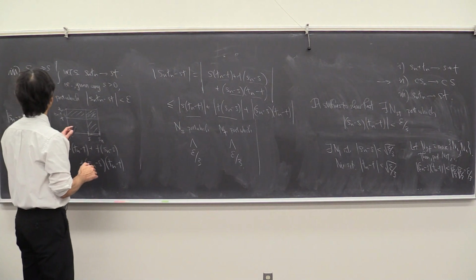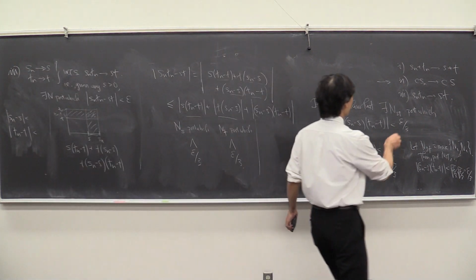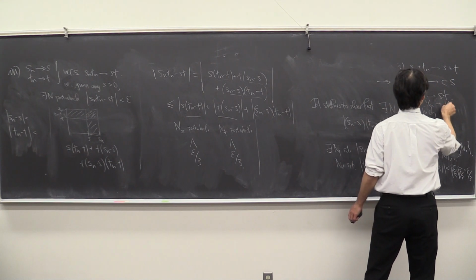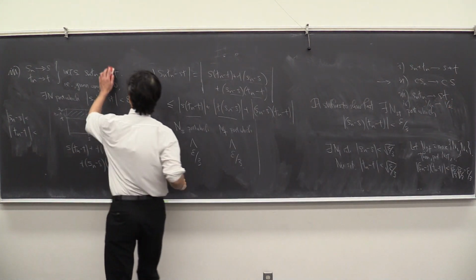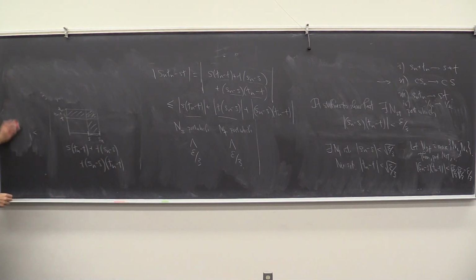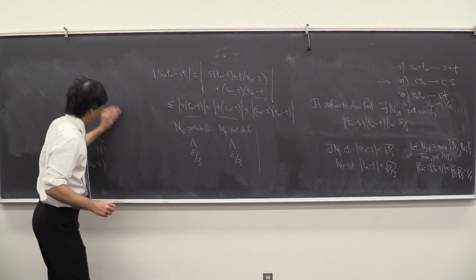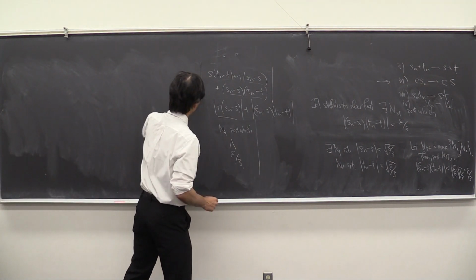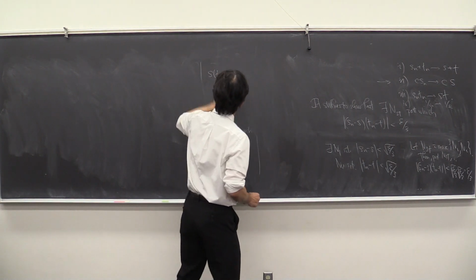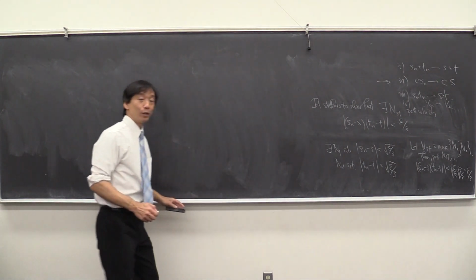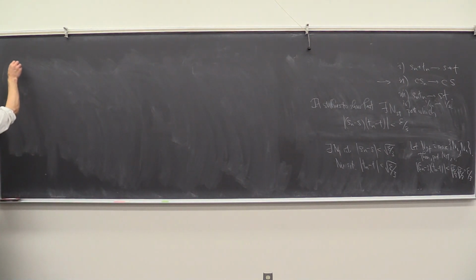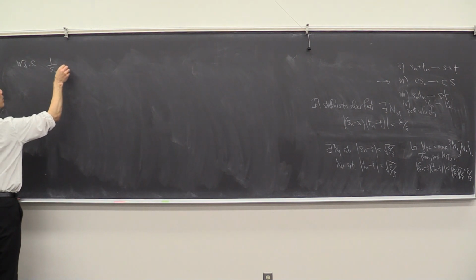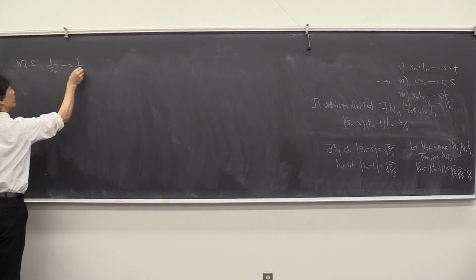Okay. Let's do the last one, which was the reciprocal one. That if you look at the reciprocal, then it converges to 1 over the limit. So you want to show that 1 over s of n converges to 1 over s.